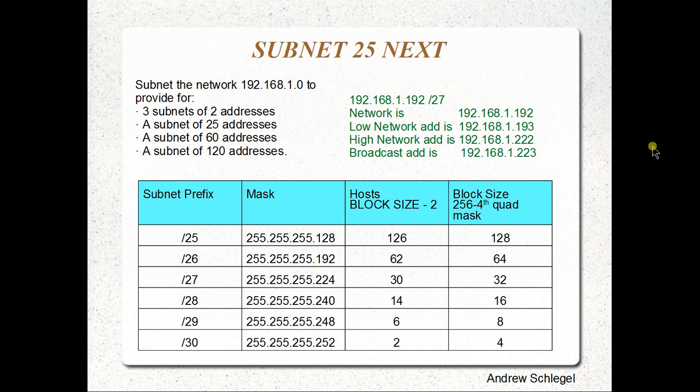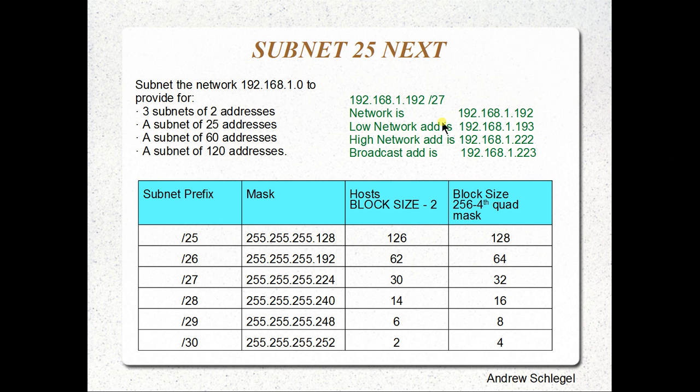All right, great. So the last one we ended at 191, and our total space, because what we've done is we're taking the space of 256 that goes from 0 to 255 in the fourth quadrant. We're taking it and dividing it up into smaller chunks to fit these block sizes in it.